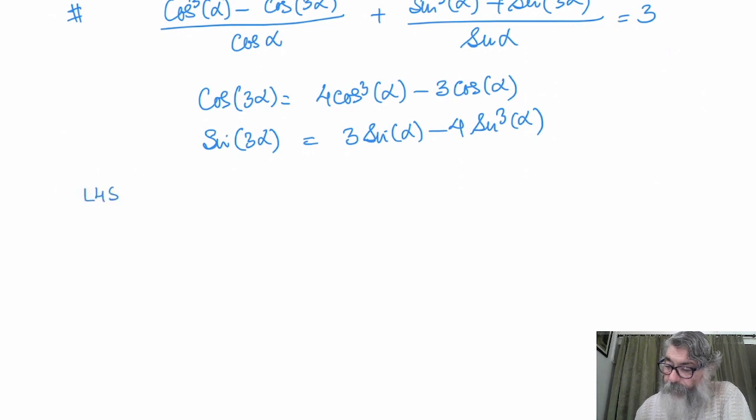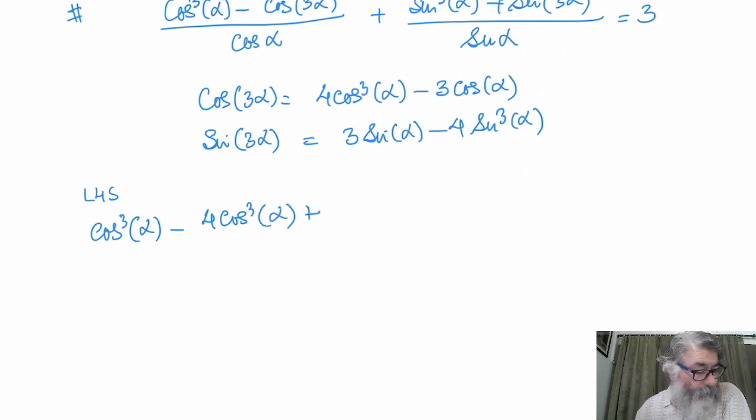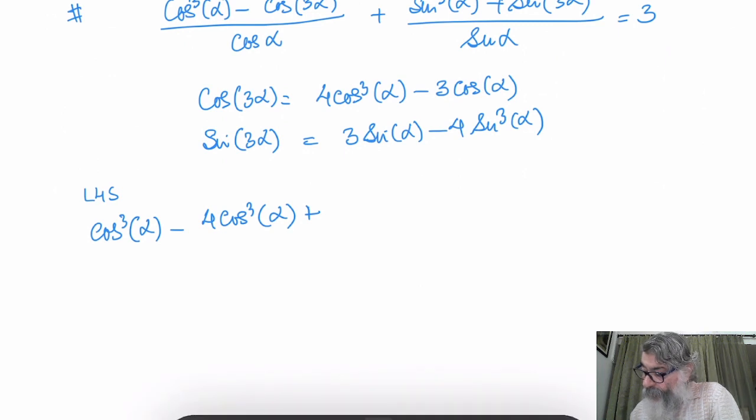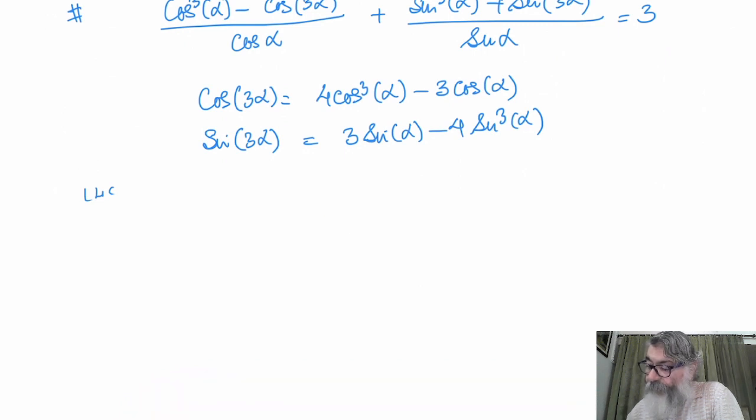Left hand side: first of all we have to take LCM.